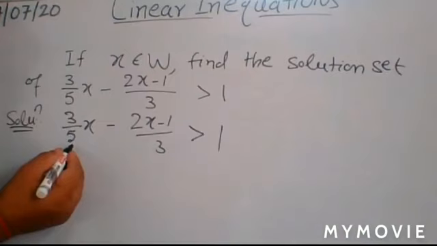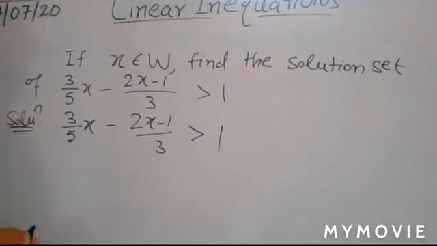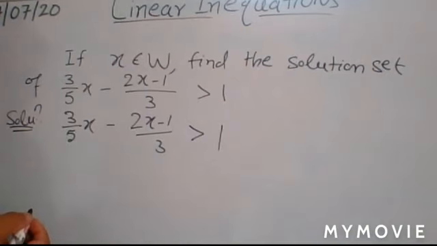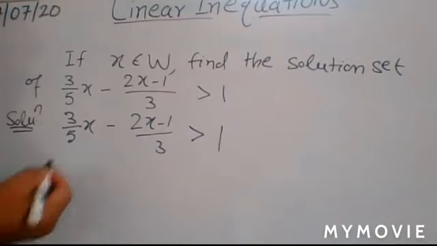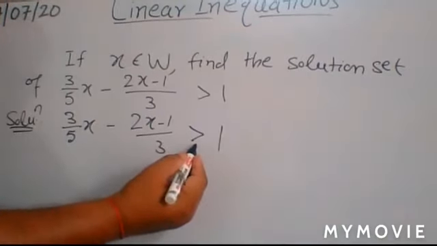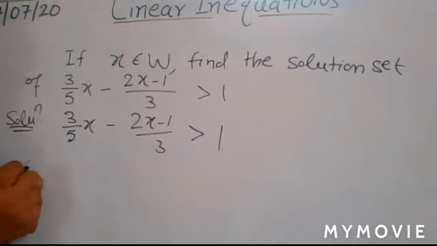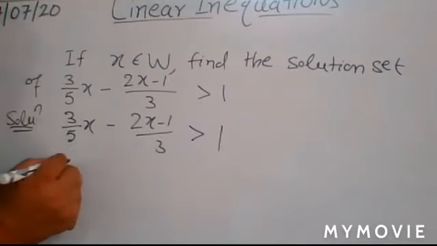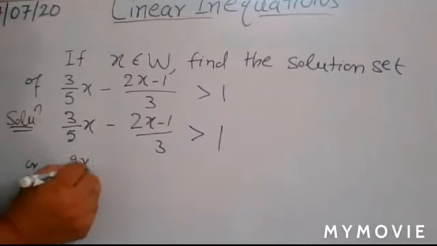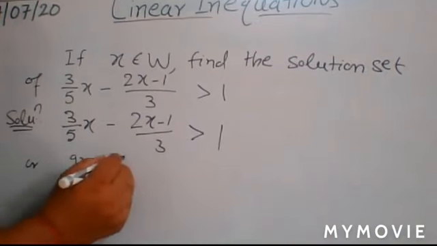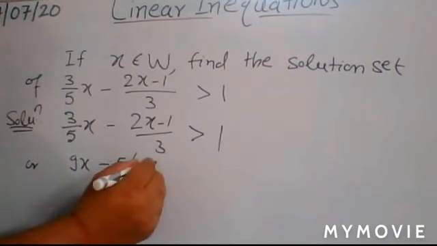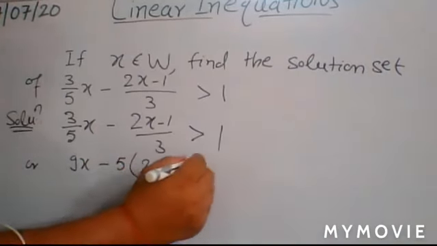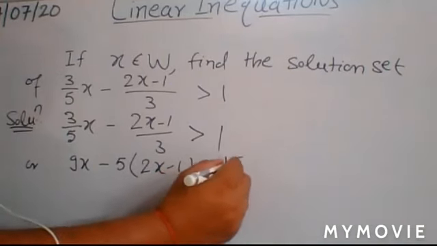Now, here you have 5 in the denominator and 3 in the denominator, so their LCM is 15. So you have to multiply both sides by 15, and 15 is a positive number, so there is no change in the inequality. Multiplying by 15, you have 9x minus 5 times (2x minus 1) greater than 15.